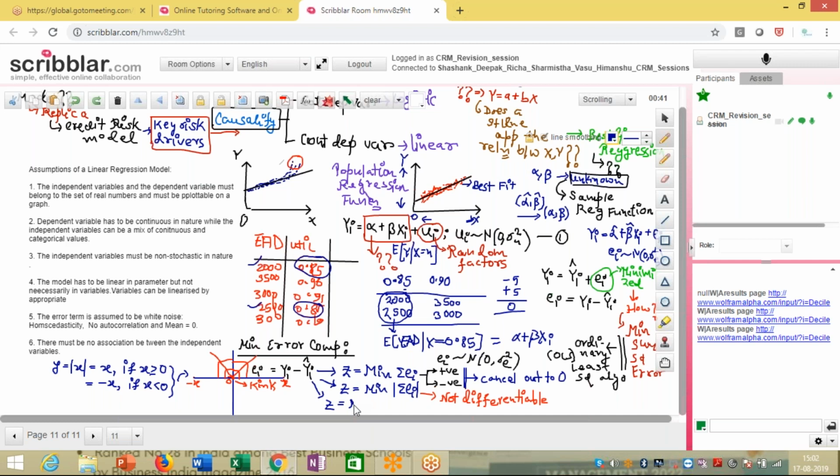So in this part, what we do is we minimize not summation ei, not summation mod ei, but summation of ei square, right? Hence, because you are minimizing the summation ei square, this framework is called the least square approach.